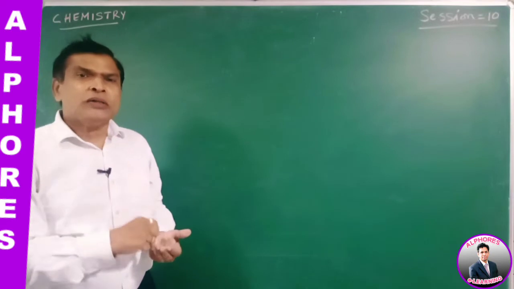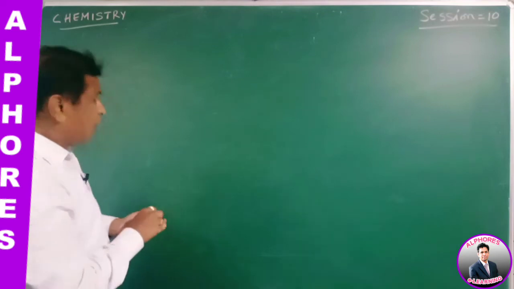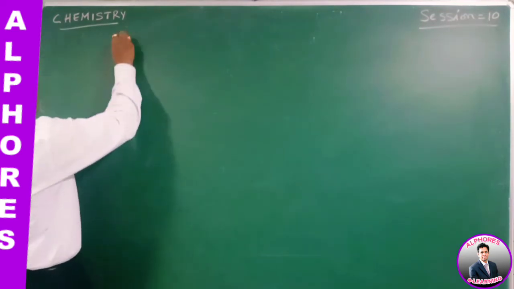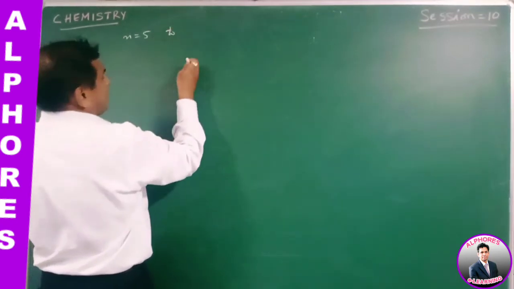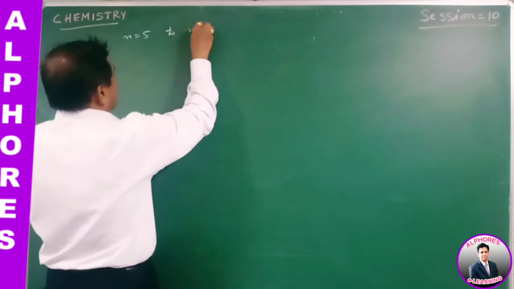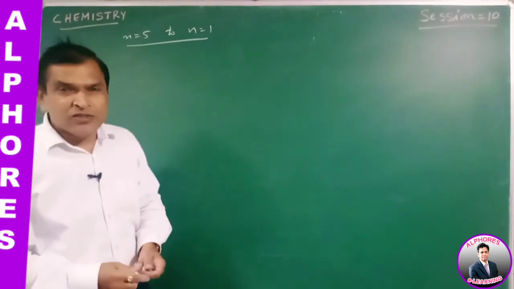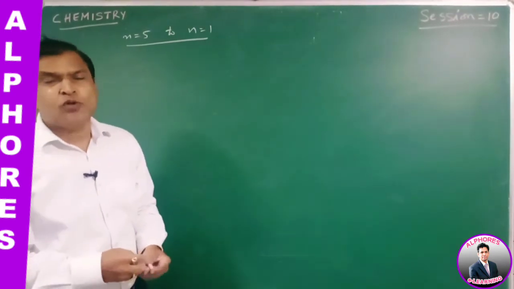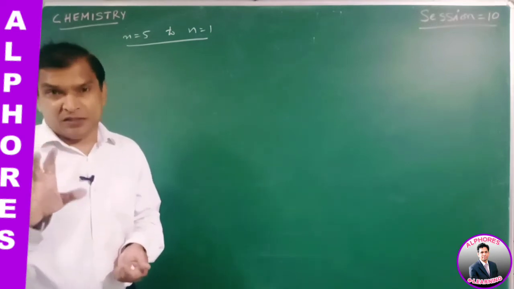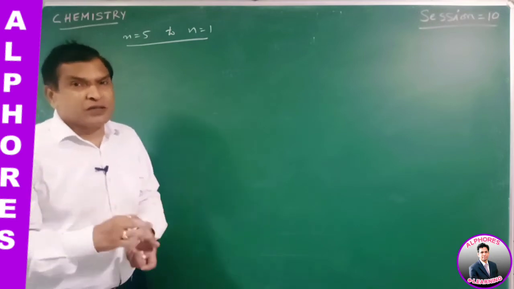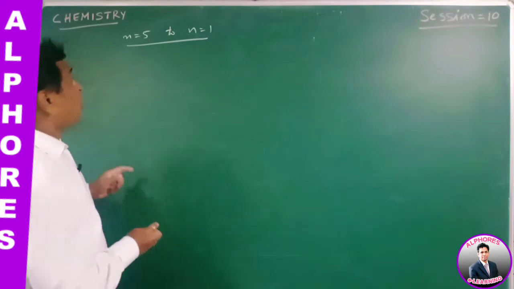When electron transition takes place from 5th orbit to 1st orbit, how many spectral lines are found in Lyman series? Or you can say, you can expect how many spectral lines are found in ultraviolet region of hydrogen spectrum.